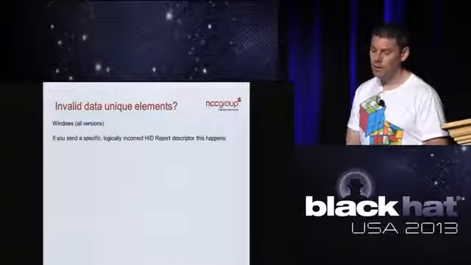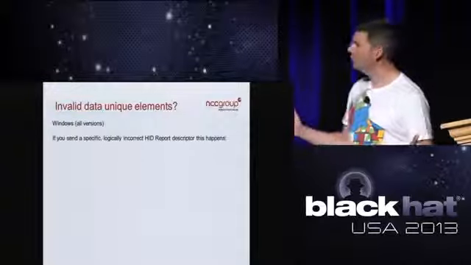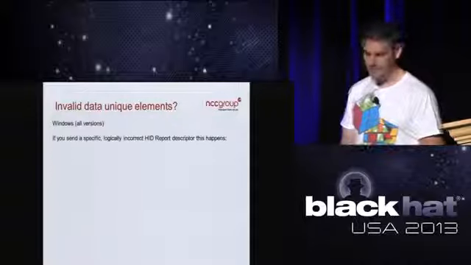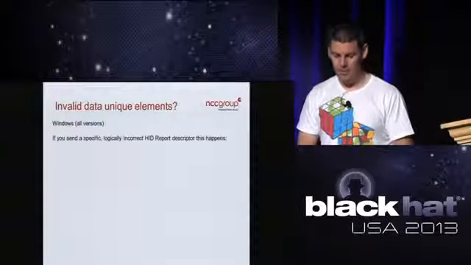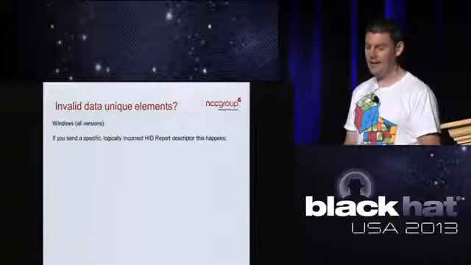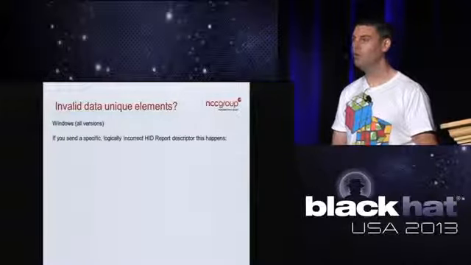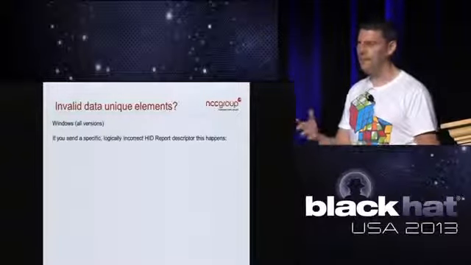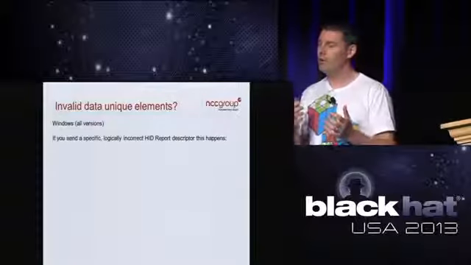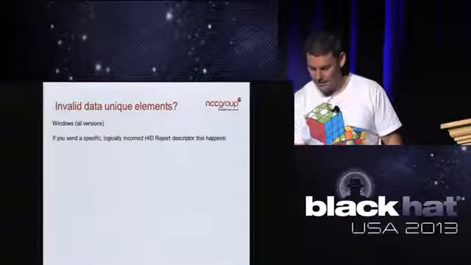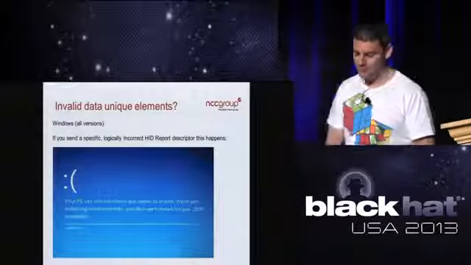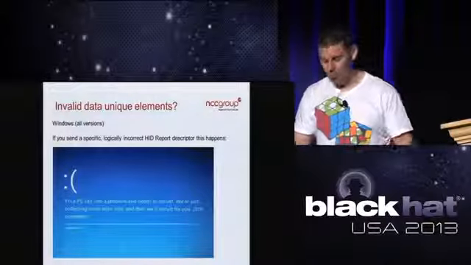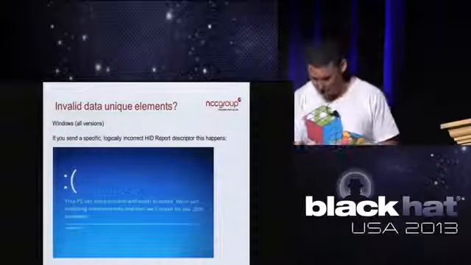As an example, on Windows, any version after XP, up to the current version, if you send a specifically logically incorrect HID report descriptor, one of those descriptors sent in the initial enumeration phase that contains data about the configuration of the USB device, this happens. Obviously not very useful if you're trying to fingerprint the system, but from an identifying bugs perspective, pretty cool.